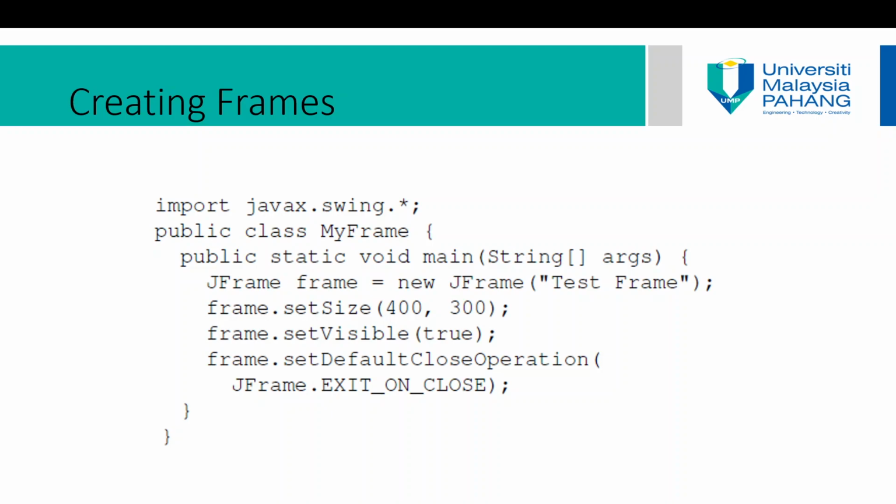So we can manipulate the frame by calling its methods, such as setSize, and we can set the frame to be visible if we provide the argument true, and we also can set the default close operation by providing the argument EXIT_ON_CLOSE.